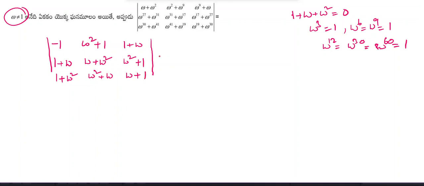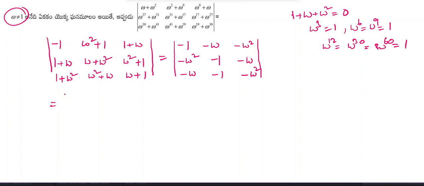So the value of the determinant is: minus 1, omega square plus 1, minus omega; 1 plus omega, minus omega square; minus 1, 1 plus omega, minus omega square, and so on.